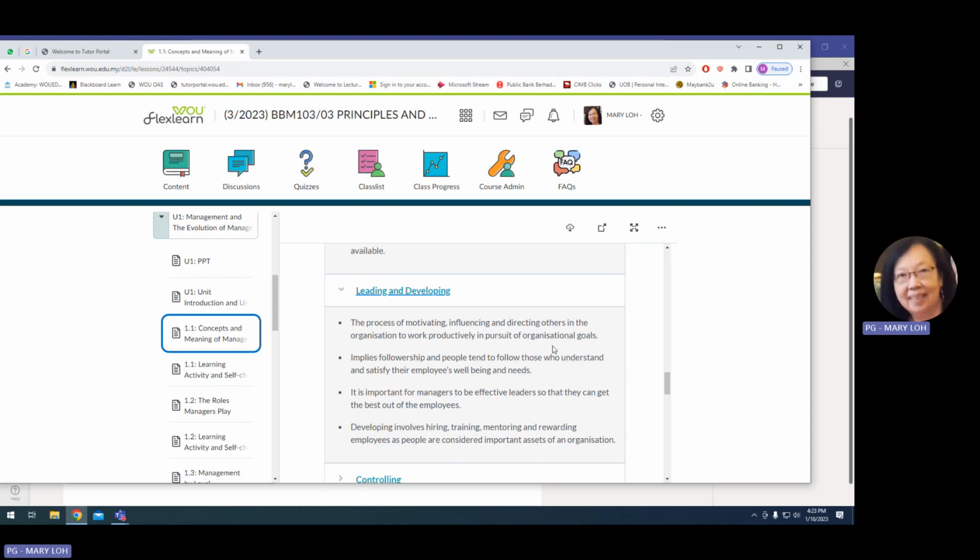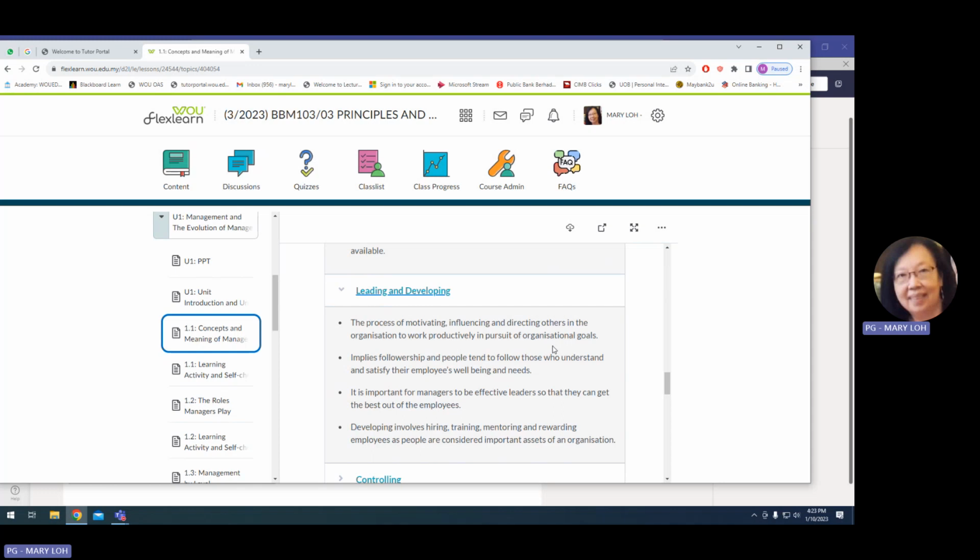So your role as a manager is to lead them, to guide them, to give them instructions, to coach them and show them the way to get the job done. Of course, depending on the level and the position of the job, you as a manager might not be directly involved.